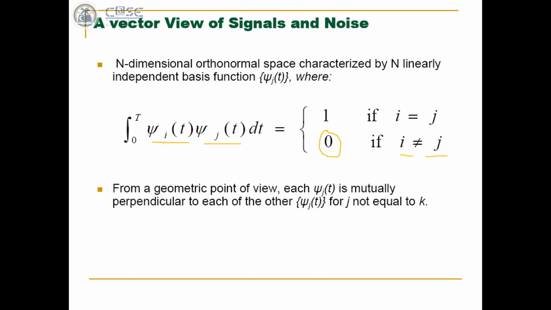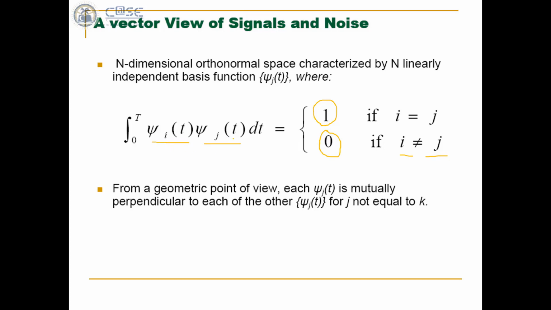And when the two signals are the same, that is when i is equal to j, this is as if you are correlating the signal with itself, and it will give you the maximum result. The maximum here is 1, because the result is normalized with the square root of their energies. That's why we call them orthonormal signals, not just orthogonal, but orthonormal signals.